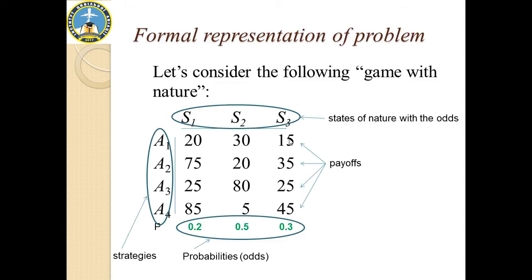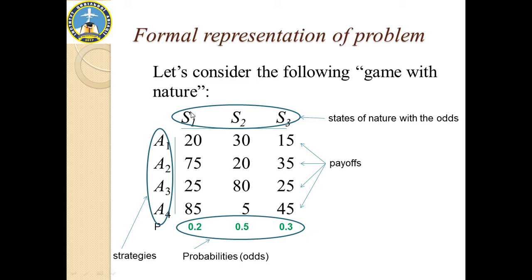We formally represent the problem at hand by setting up a payoff matrix. The columns of the matrix represent the different states of nature.